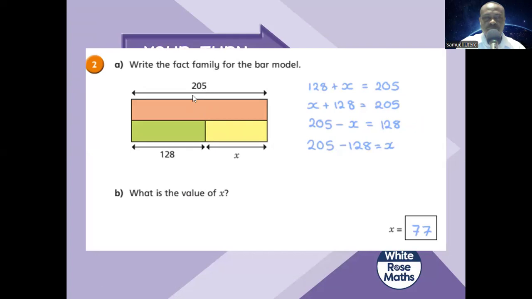So if I do 205 slicing off 128, I'll get x. 205 minus 128 equals x. Or 205 minus x, slicing off x, will give me 128. And what is the value of x? Of course, you can do that using the simple arithmetic method which you learned in SATs, or you use your calculator.